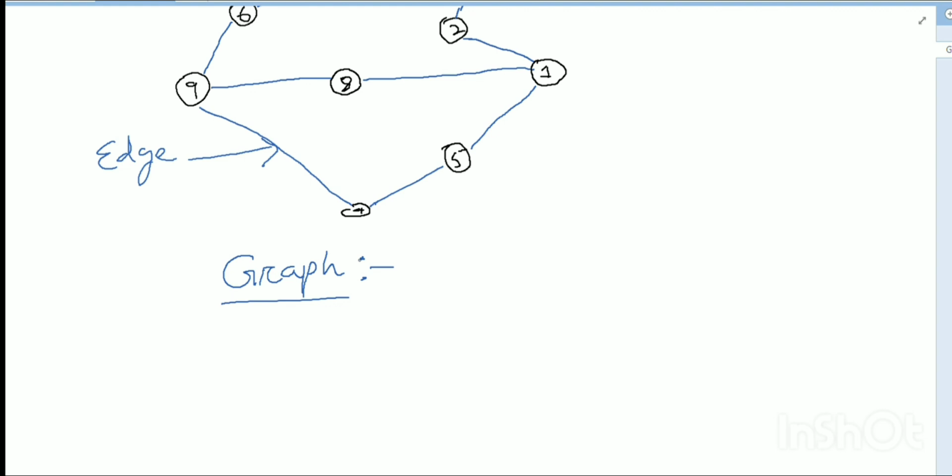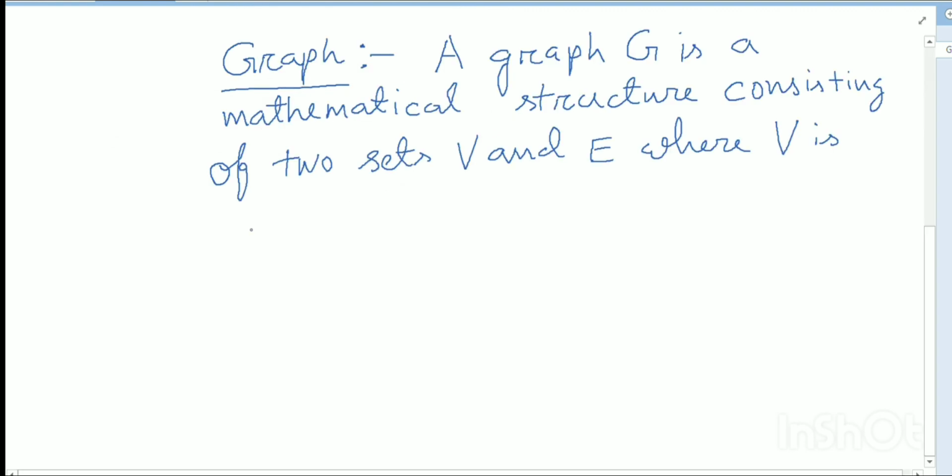Now I want to discuss the definition of a graph in mathematical terms. A graph is a mathematical structure consisting of two sets V and E, where V is a non-empty set of vertices and capital E is a non-empty set of edges.